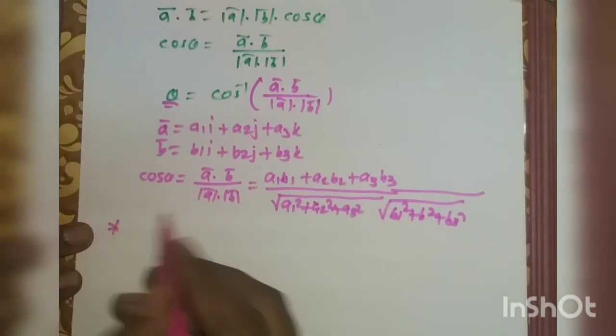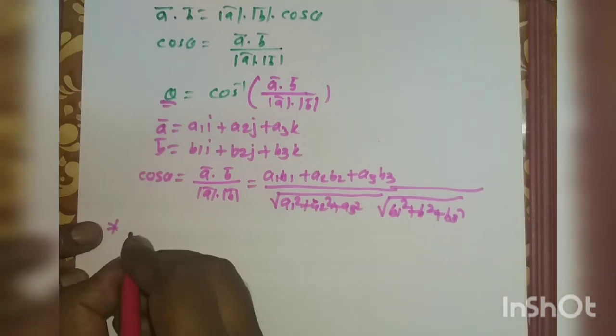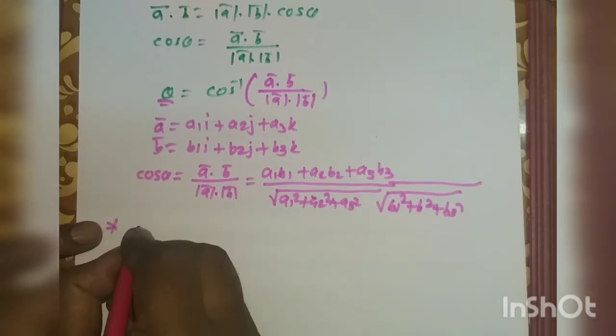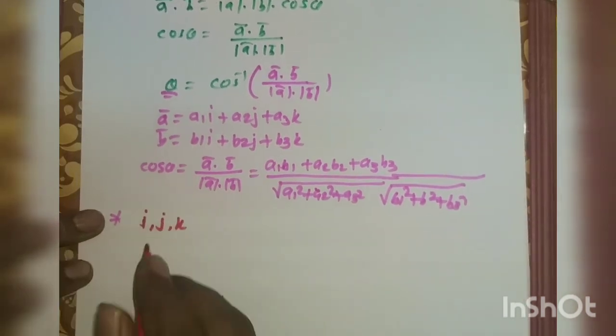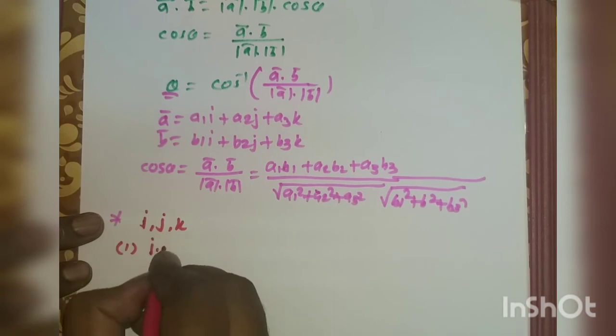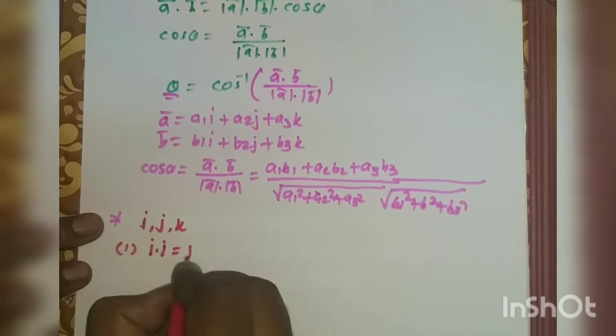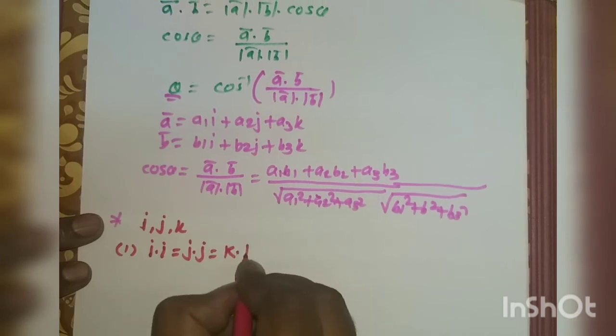And the last point is the dot product of i, j and k. The first case is i bar dot i bar is equal to j bar dot j bar is equal to k bar dot k bar.